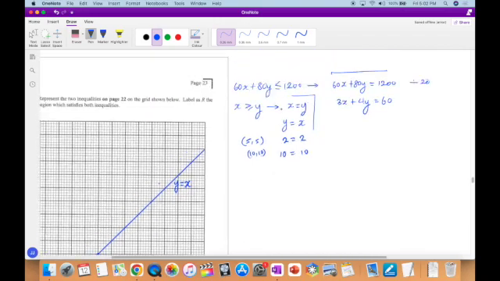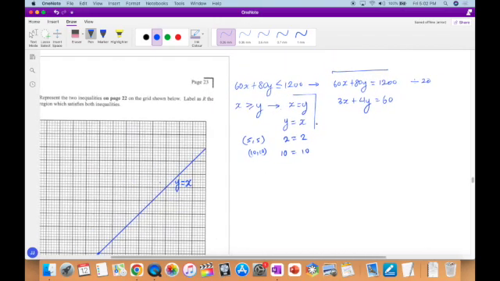Now let's plot this other line here. And we could see, first, let's try when x is 0. So when x is 0, what is y going to be? We're going to see that 4y is going to be equal to 60.